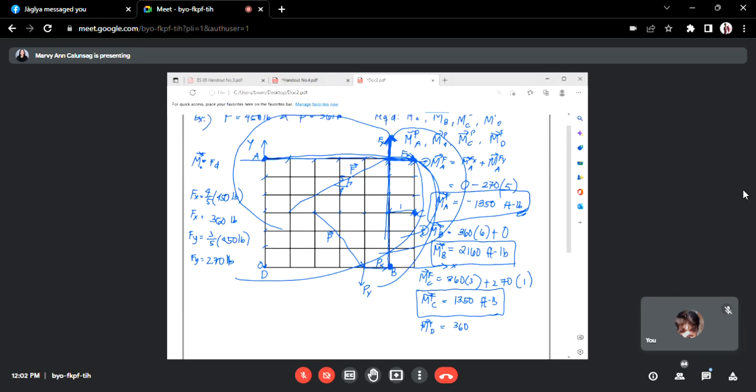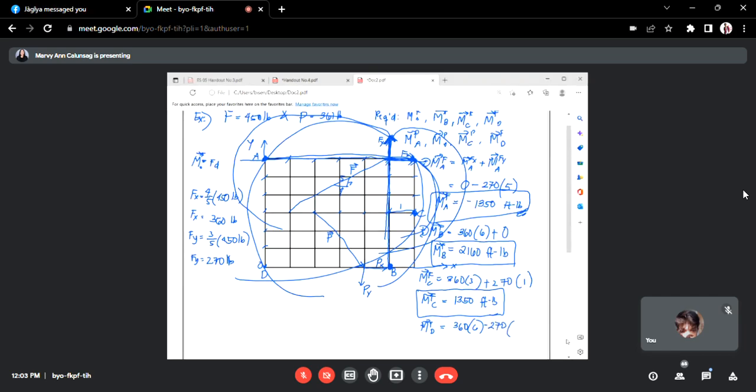So 6. Then Fy: its rotation about D is counterclockwise, so minus 270.